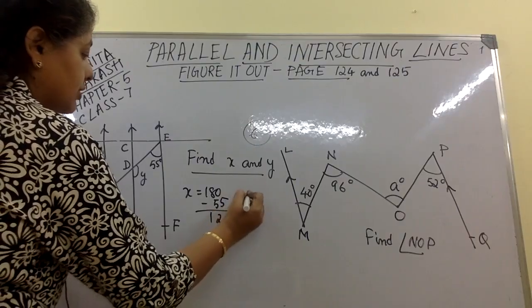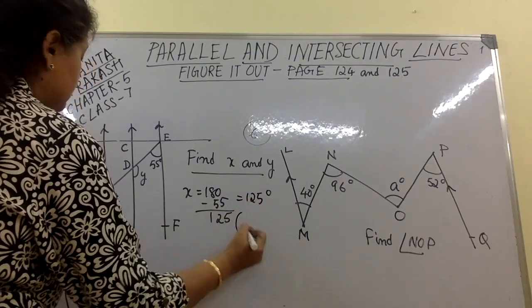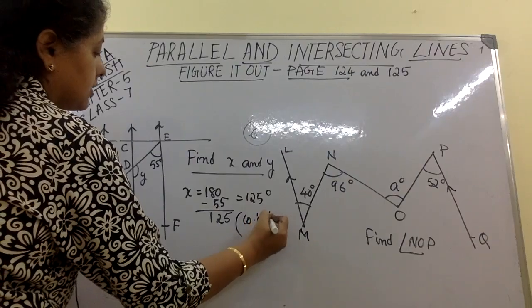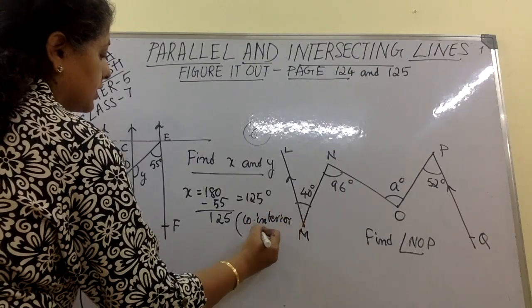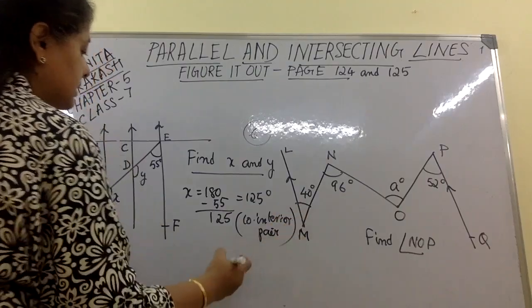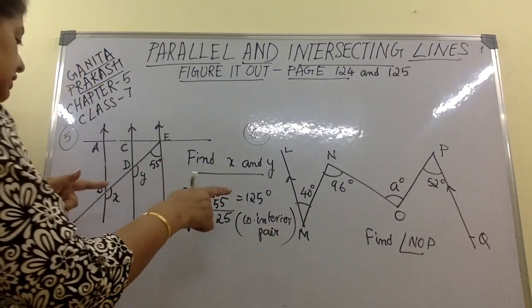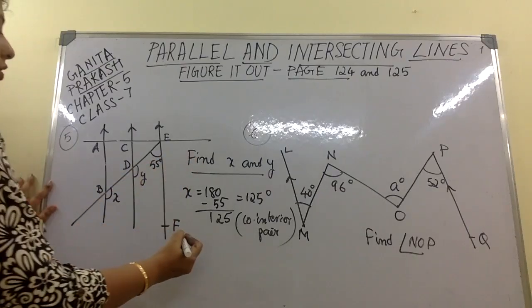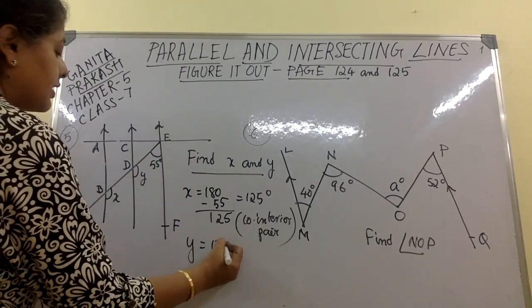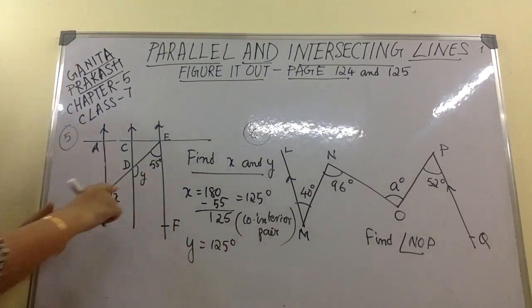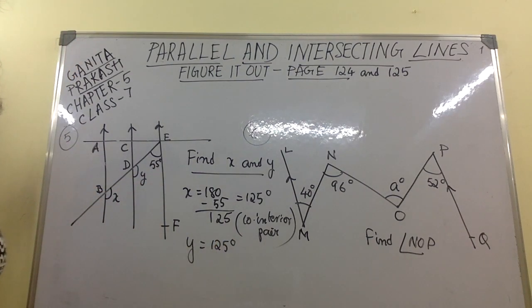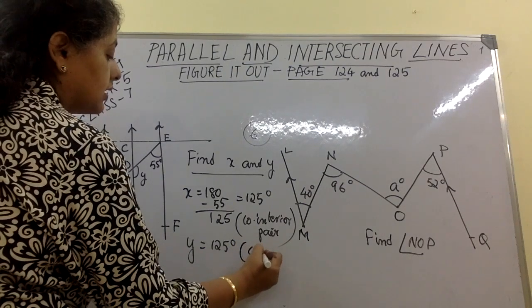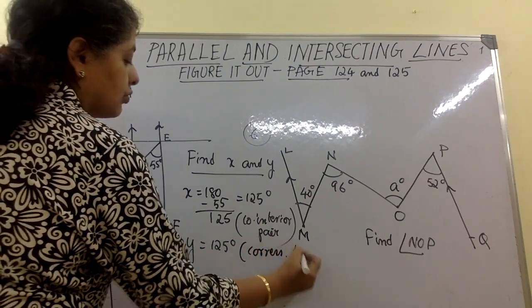Now, what is the reason behind it? The reason is co-interior. Co-interior pair of angles are always supplementary. So, if you just write co-interior, it is enough. And y is also 125, because y is corresponding to x.